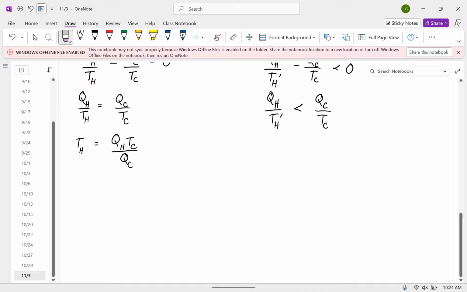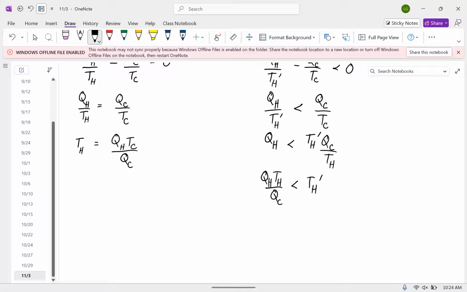So we have this, and so now we'll go QH is less than TH prime times QC over TH, and then we'll divide QC over TH from both sides, and we get QH TH over QC is less than TH prime, and so then I just flip which side is which.